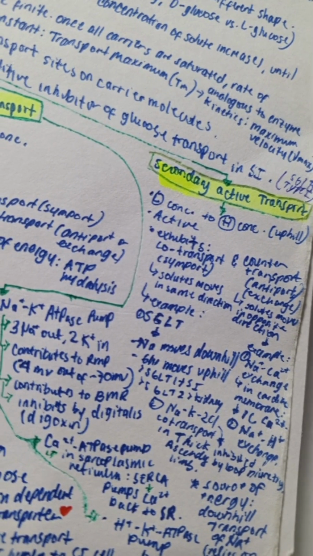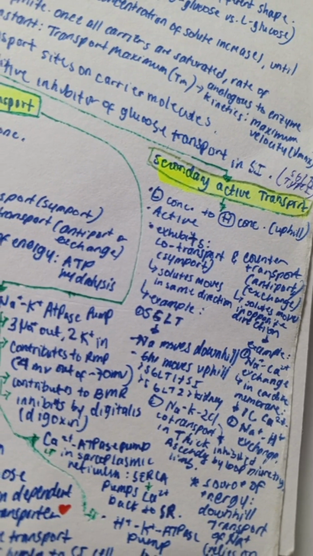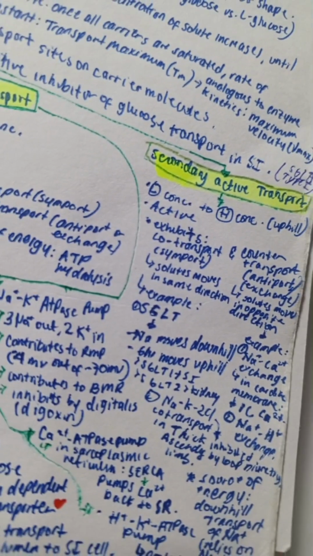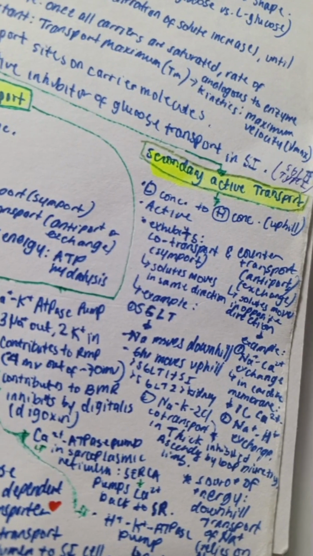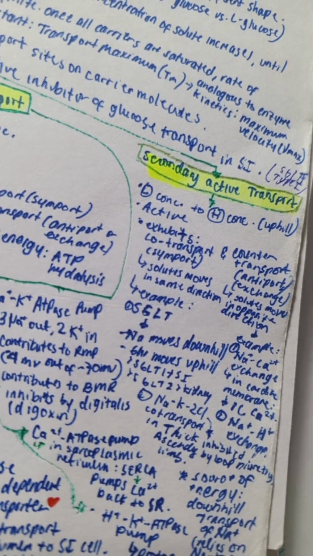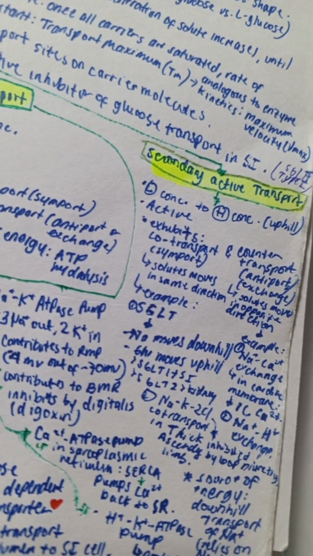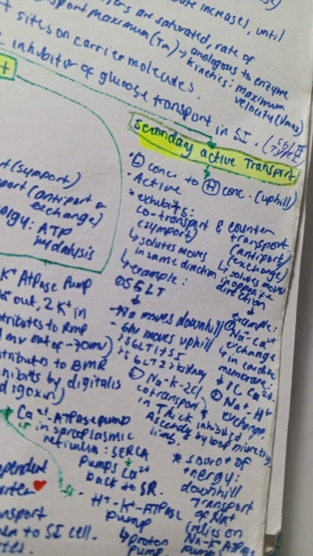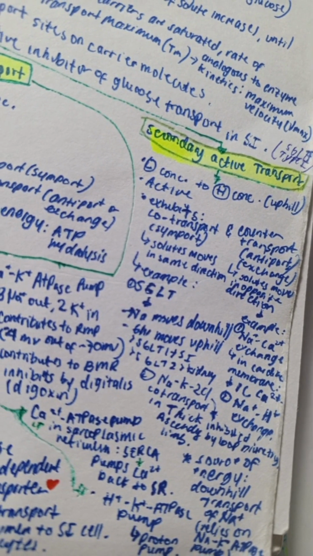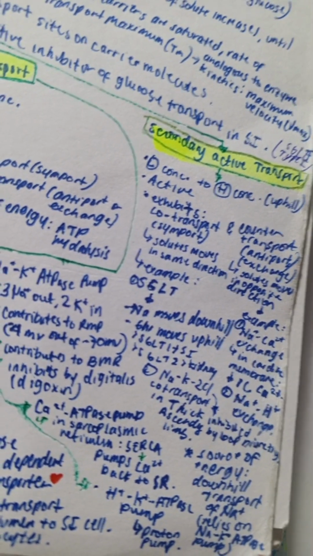An example of symport, or co-transport, is the SGLT. The sodium moves downhill and the glucose moves uphill. So sodium moves downhill from high to low concentration, and glucose moves uphill from low to high concentration. SGLT1 can be seen in the small intestine, and SGLT2 in the kidney.